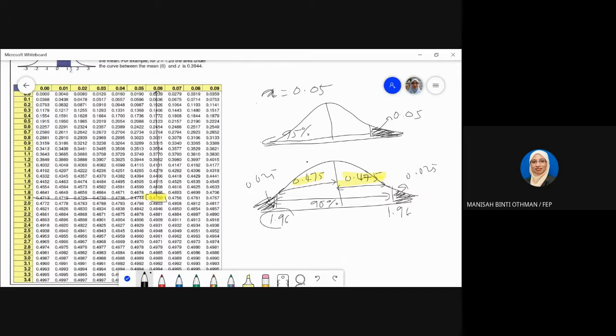This is how you get 1.96. Sorry, this is a negative: the left side is negative, the right side is positive. That is how you get the 1.96.